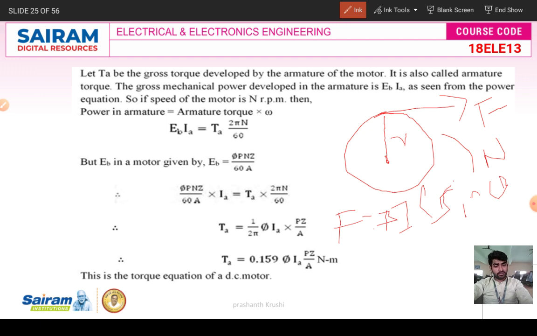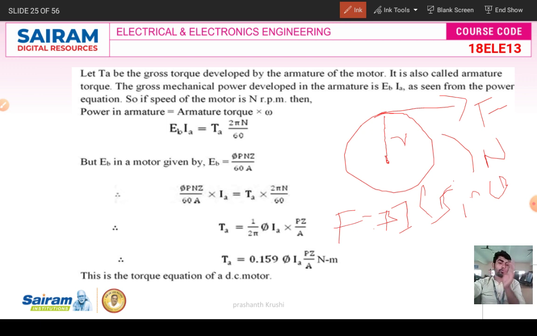The speed of the motor is N in RPM. Observing this diagram, the drum or pulley has a radius of R meters, F is the force, and N is the speed in RPM. If we give power supply to the DC motor, the conductor carrying current experiences a force, which rotates the drum or pulley, and torque is measured in Newton meter.